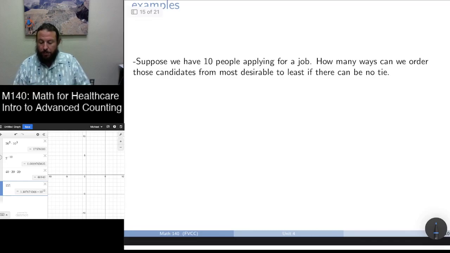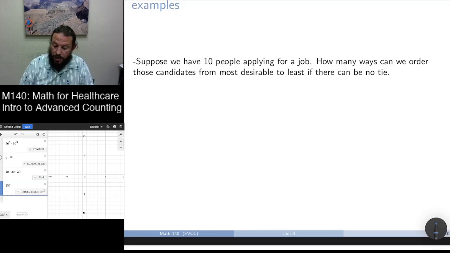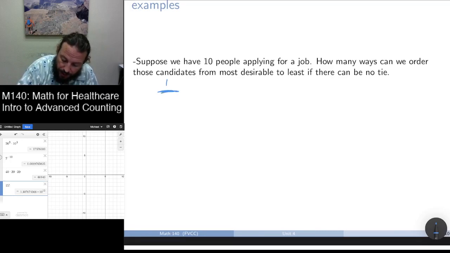Suppose we have 10 people applying for a job. How many ways can we order those candidates from most desirable to least if there could be no tie? You got to picture this problem. It is a multiplication principle. We could only have one top spot, that's 10. The second slot, since we already have the first one, is going to be 9, then 8, and that's going to continue on for 10 of them.